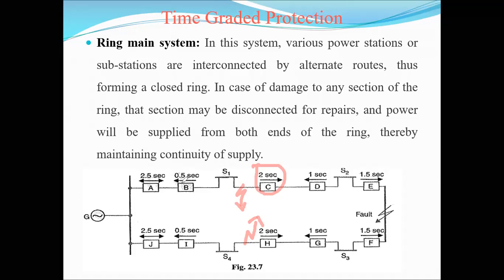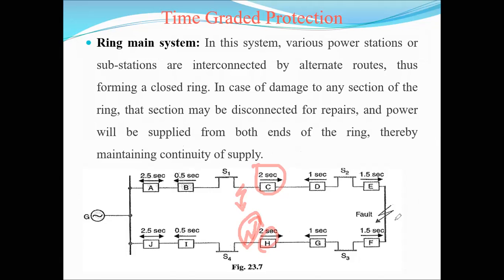That is A, B, S1, C, D, S2, E, F, S3, G, H, and on this side also J, I, S4. Near that fault we have the relay coil H. Only this relay coil will be operated. Only this feeder line is disconnected from the supply, and the remaining lines have continuity of the supply.